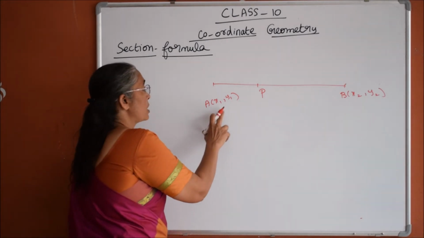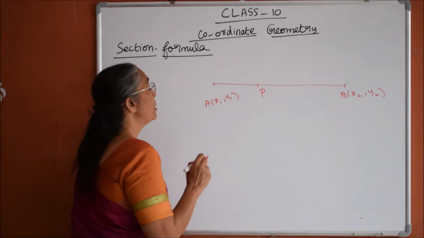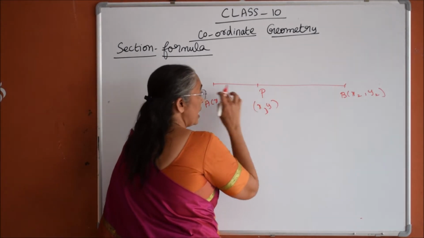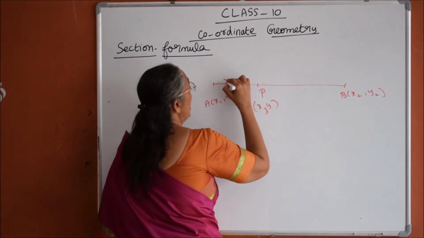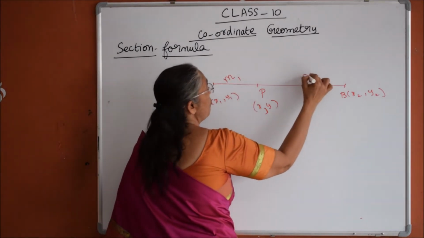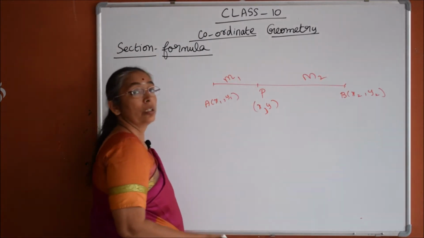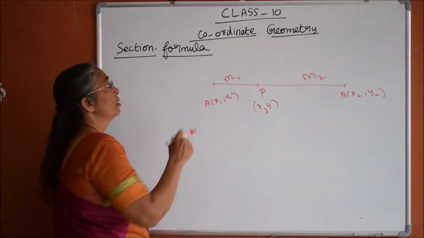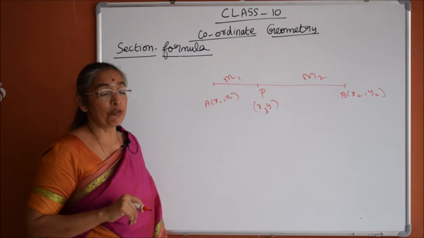So, A (x1, y1), B (x2, y2), and P is a point (x, y) which divides the line segment joining the points A and B in the ratio m1 is to m2. Then we can find the point P. That is known as the section formula.